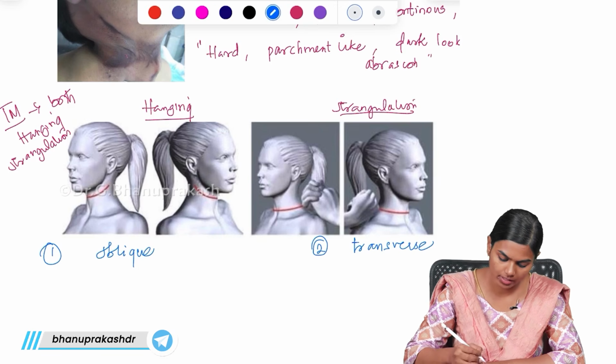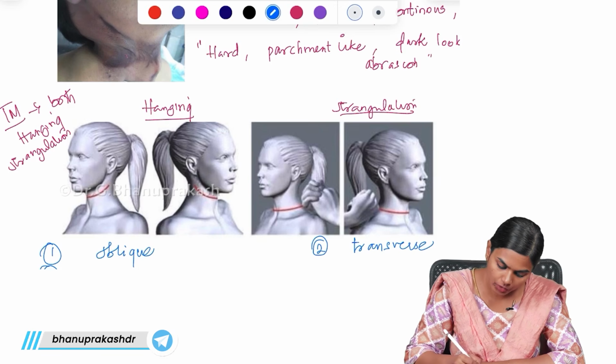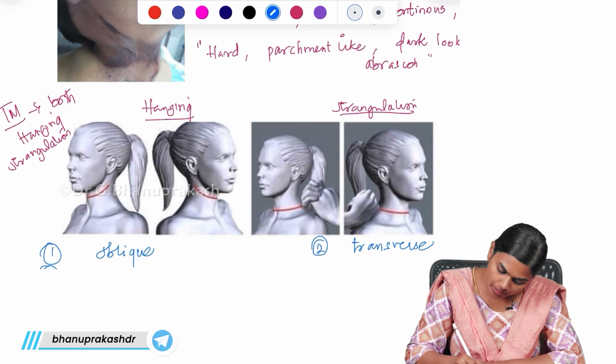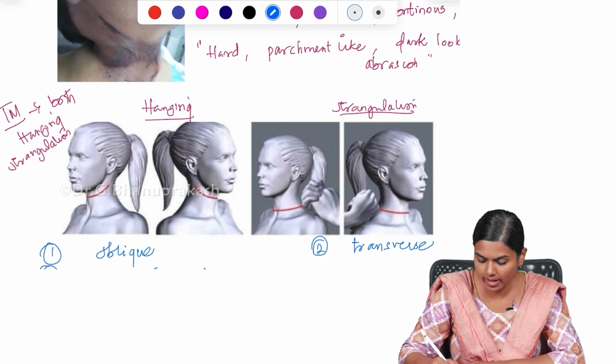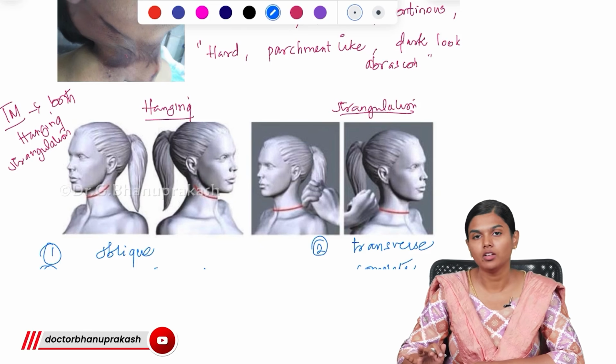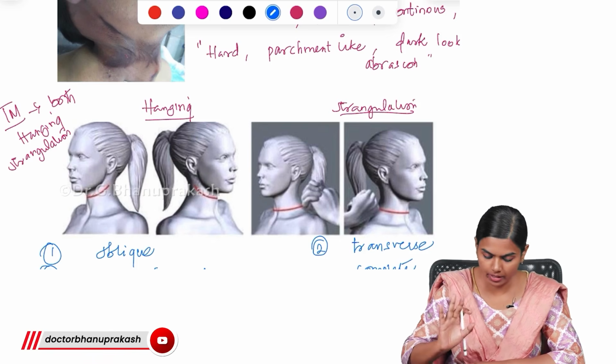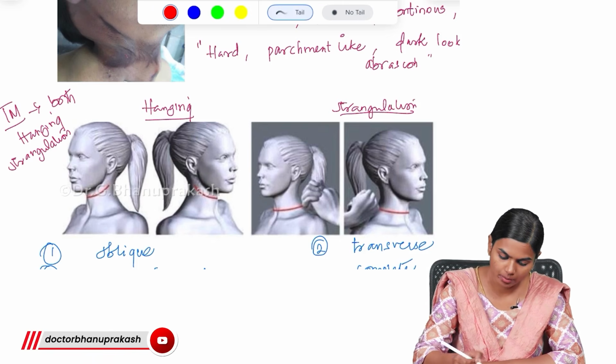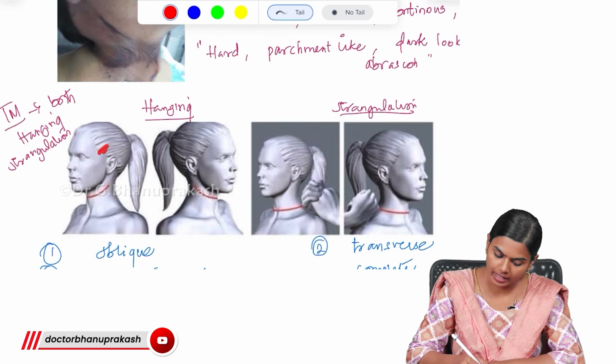Up next, the difference is that you have an incomplete ligature mark in case of hanging, while in case of strangulation it will be complete. What I mean by complete and incomplete is this: just imagine a person getting hanged.